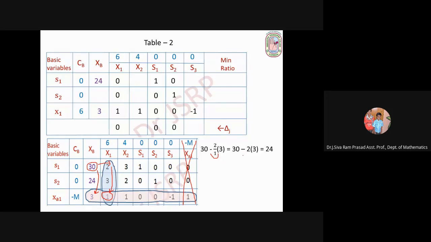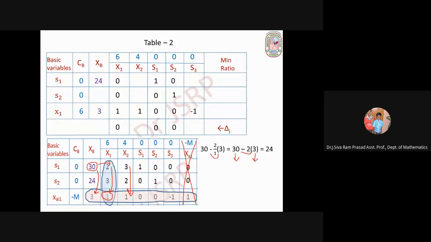Okay, right. For the first row calculation, this minus 2 is fixed. You just replace the present value here and the pivot row element here to calculate the other values. To calculate the x2 value, corresponding to s2, present value 3, pivot row element 1.